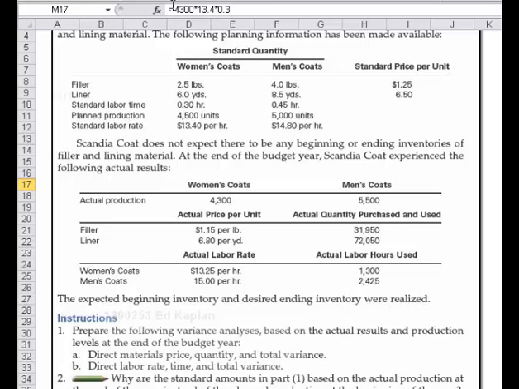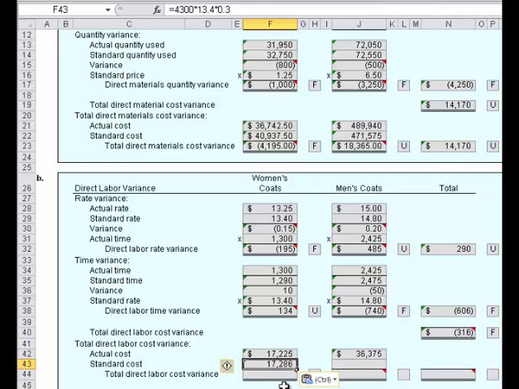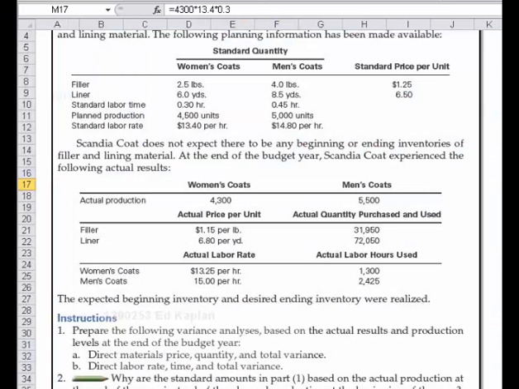Okay, so I'm going to copy this. My mouse doesn't want to behave. And we would jot that in right there. There's 17,286.